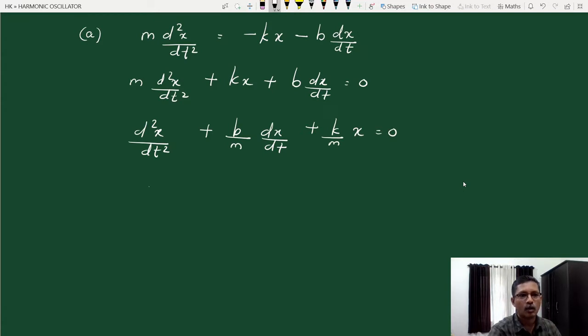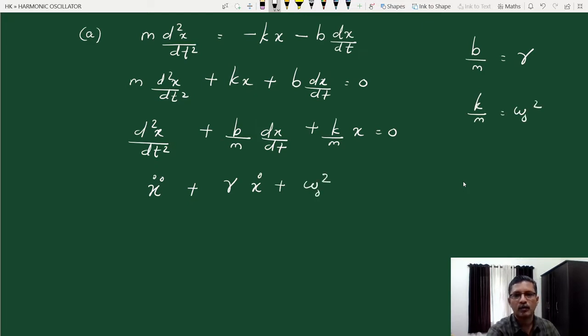I will use the shorthand notation: x double dot plus b by m, which we have taken as gamma, the damping constant, so we have gamma times x dot, where dx by dt is x dot, plus k by m, which is omega 0 square, where omega 0 is the natural frequency of the undamped oscillator. So we have omega 0 square x equal to 0.